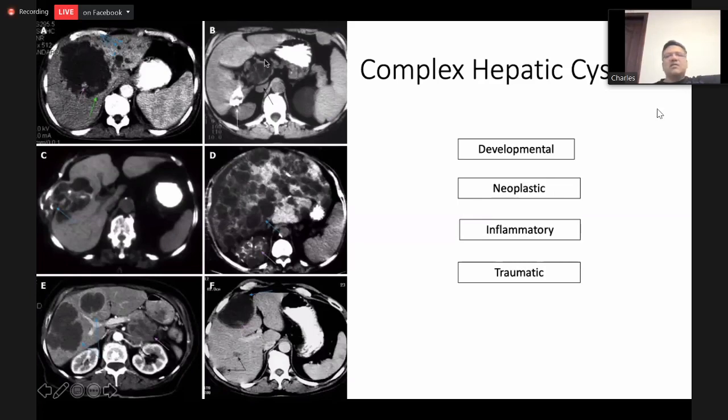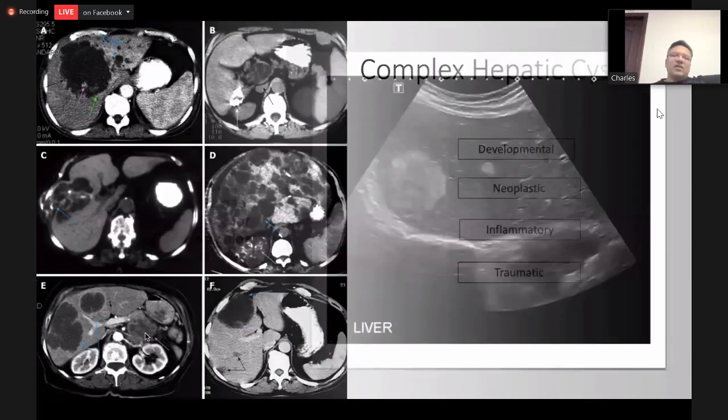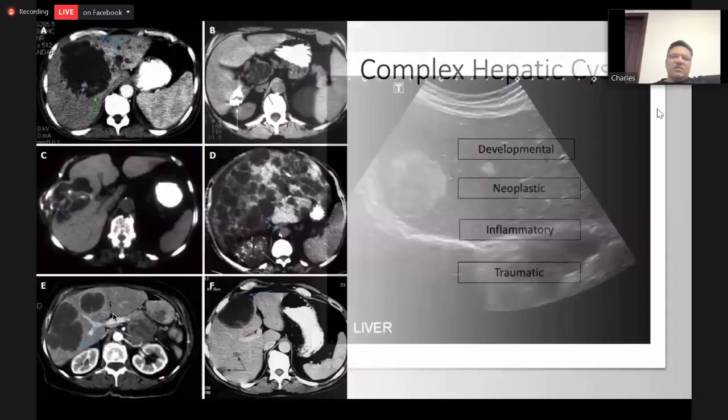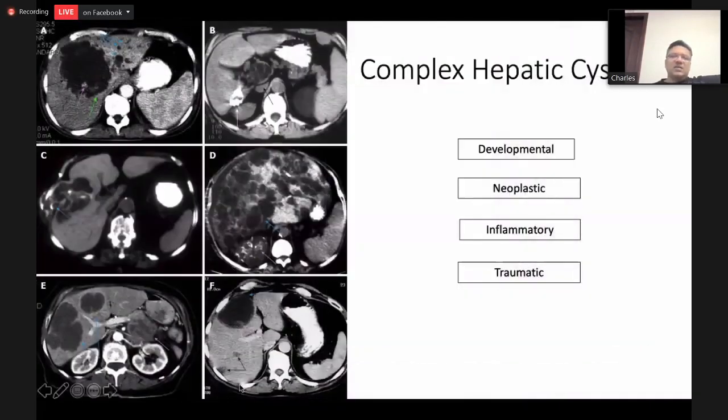You can see a calcified cyst and another cyst here, likely to be a hydatid cyst. And you've got multiple cysts along with renal cysts, likely to be polycystic kidney disease, and rarely you can have cystic metastasis. You can see a cystic lesion here and multiple hypervascular lesions here.